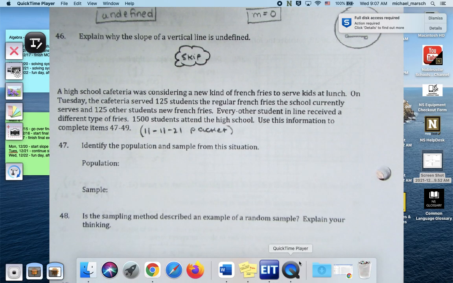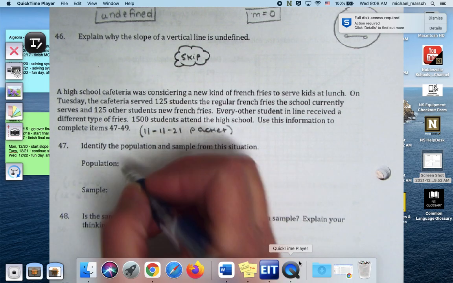Number 47, we have this cafeteria serving new kinds of French fries. On Tuesday, they served 125 students the old French fries, and a different 125 the new ones. Every other student, 1,500 students attend the high school, uses information. So the population is all students at the high school.